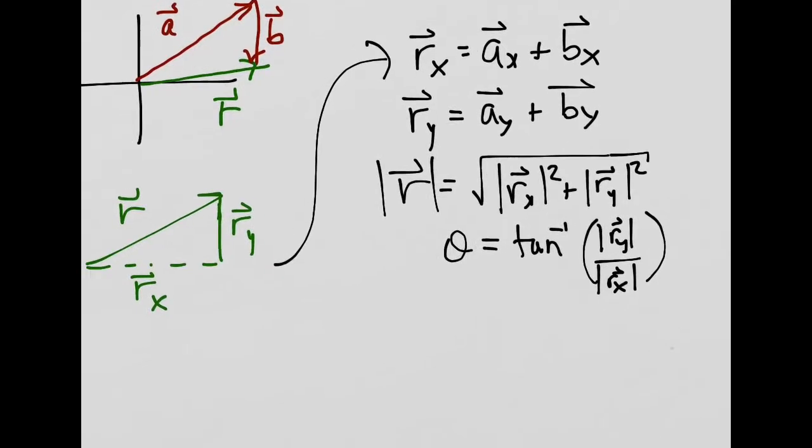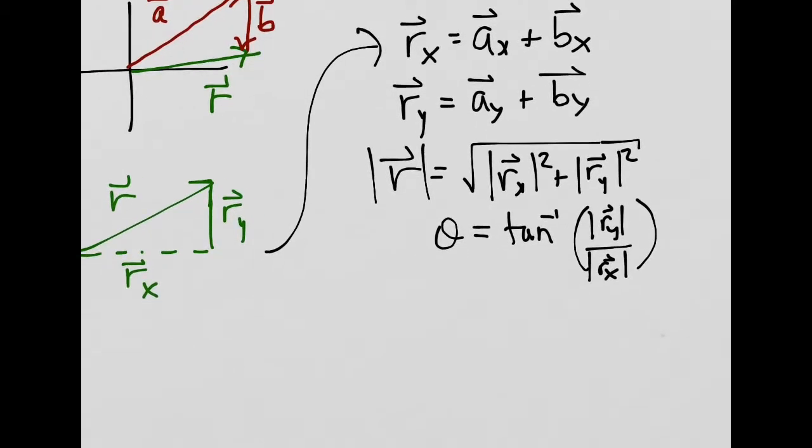I know that looks like a lot now, but once you get used to the methodology, this becomes a step-by-step process. So right now let's just find Rx by adding Ax and Bx.